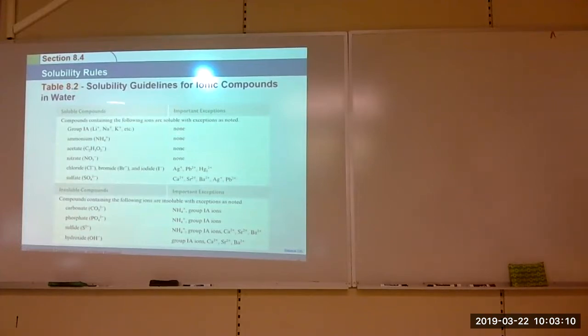And these rules, or this table, is developed from that chart and those rules. So anything from the 1As, where you have lithium, sodium, potassium, any one of these will always be soluble, no matter what anion it's combined with. Ammonium, when it's combined with something, it's always soluble.